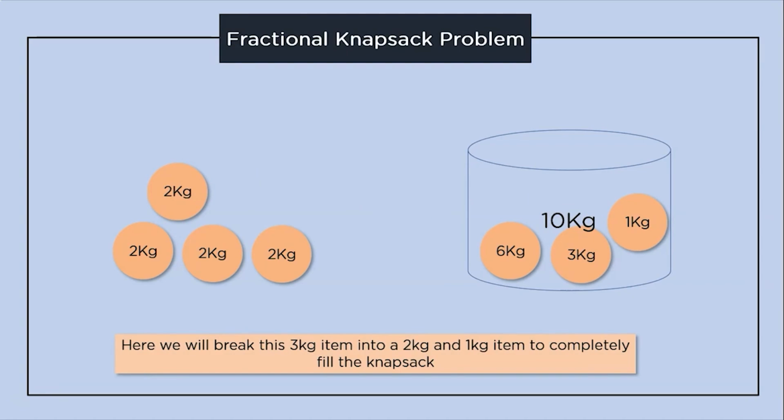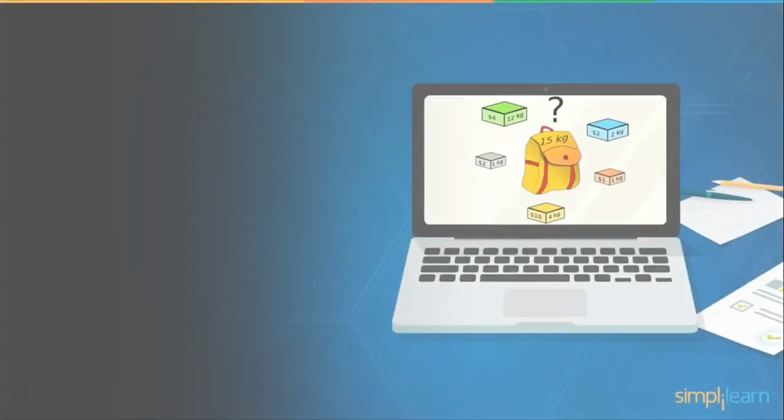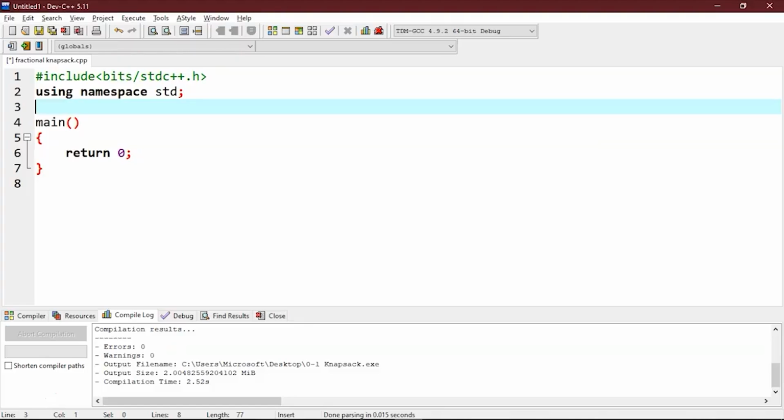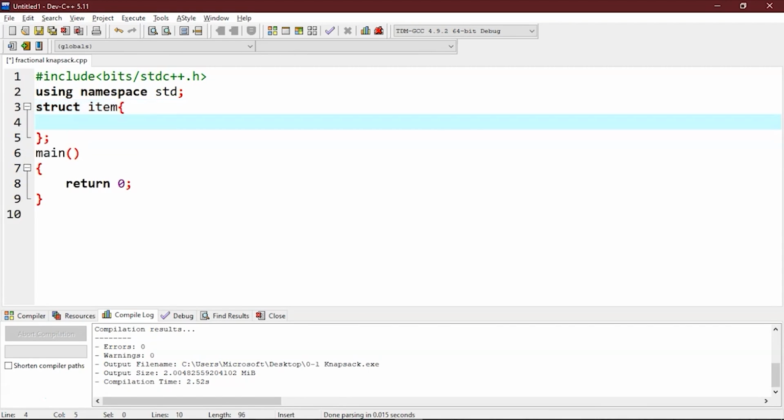Now let's try to implement this in the code editor. We will start with the structure for an item which stores weight and corresponding value of item. So struct item, int value, comma weight.